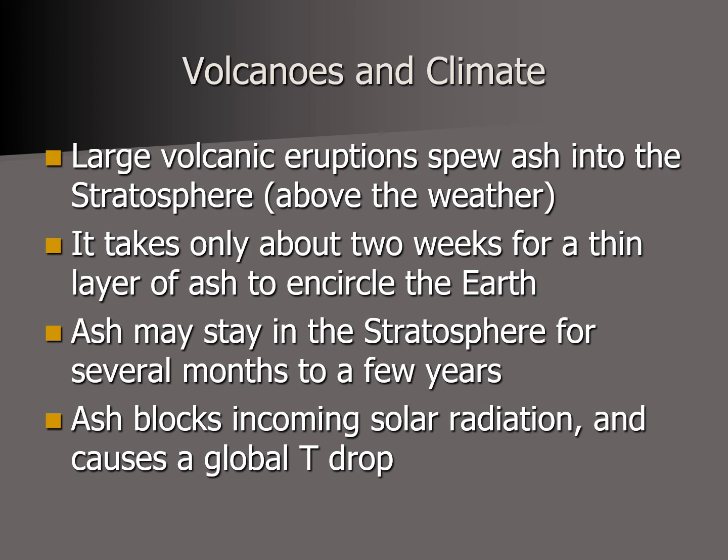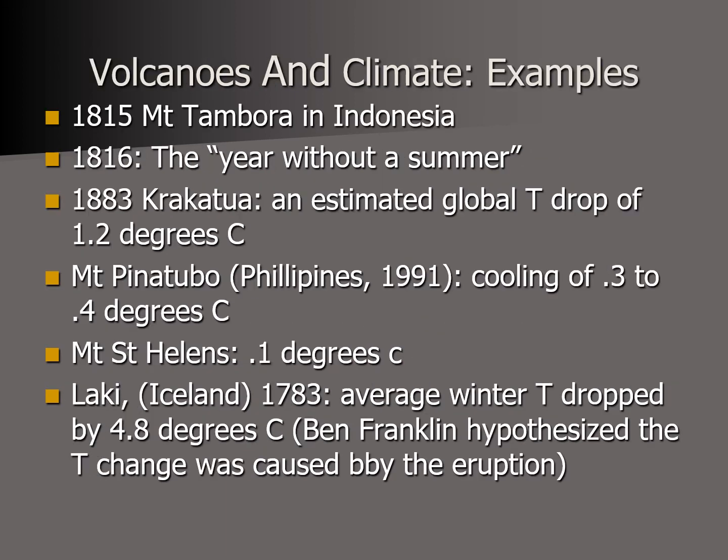I'm going to want you to be able to give me an example of a volcano that affected climate. You could choose to tell me about any of these, and maybe there's some others as well. So 1815, Mount Tambora in Indonesia had a huge eruption. 1816 is known as the year without a summer in Europe because that ash went into the stratosphere, and they had crop failures.